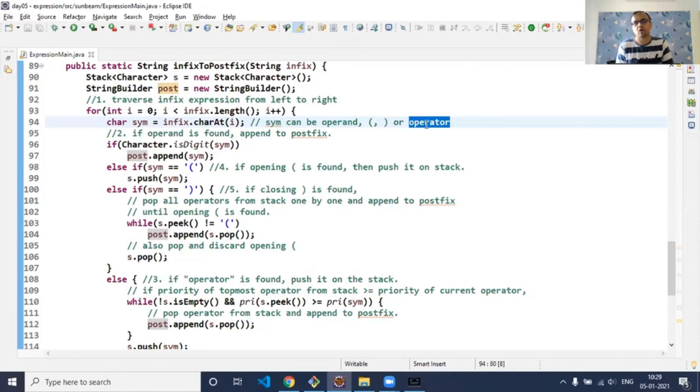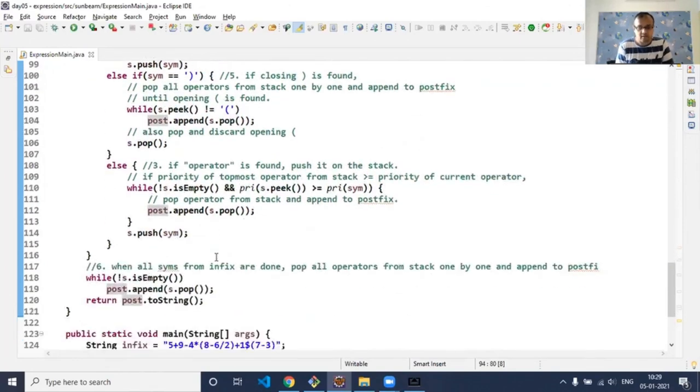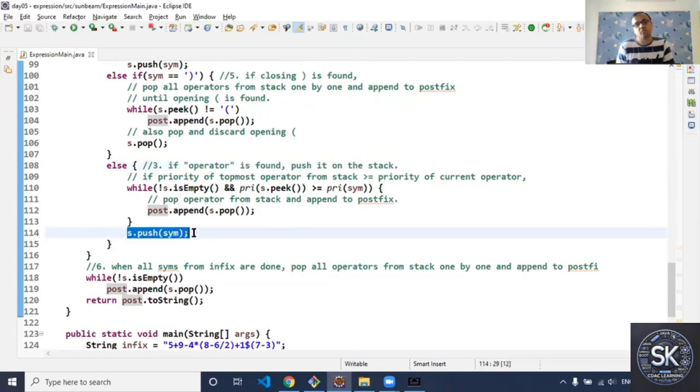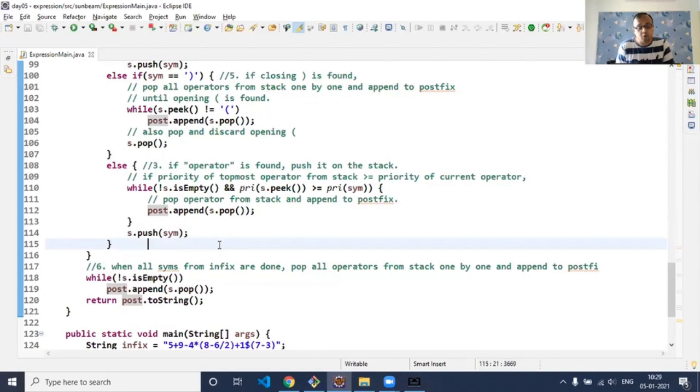Now only one is left, operator. So if it is an operator, what is to be done? Put it onto the stack. But when you want to put it onto the stack, before that you want to check the priority of the topmost element; h.peek will give me the topmost element.